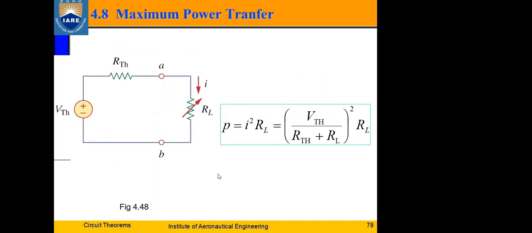Let us derive the equation here after that. So what is the statement? What is the theorem? Maximum power transfer theorem.